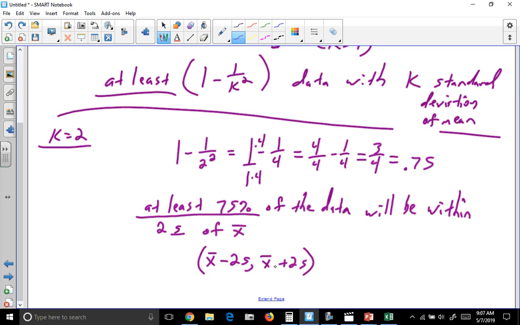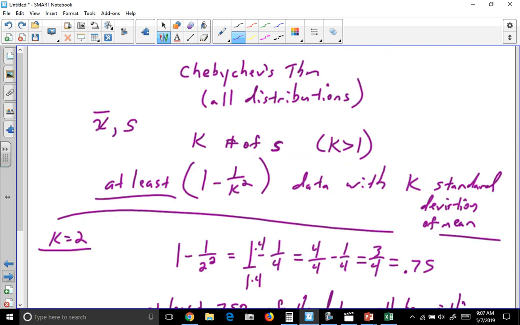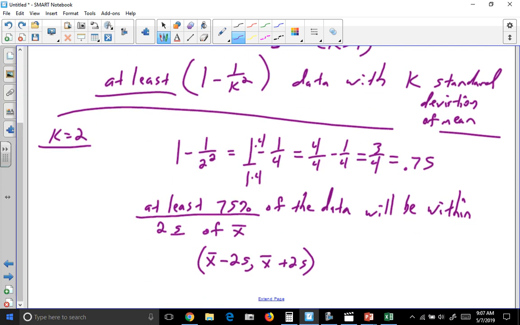Now you might say, well, I thought you said 95. 95 applies specifically if it's a normal distribution. Not all distributions are normal distributions. Some distributions are spread out differently. But for any distribution, regardless of how it's spread out, we will always have a minimum of 75% of our data in that error interval of 2 standard deviations below to 2 standard deviations above.